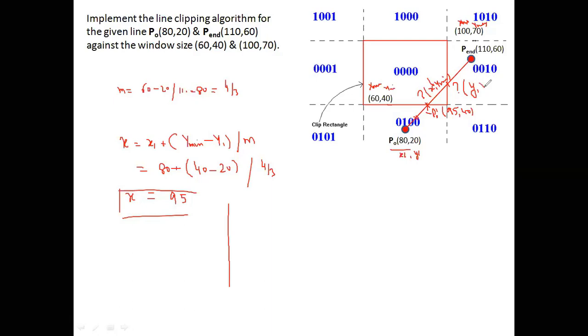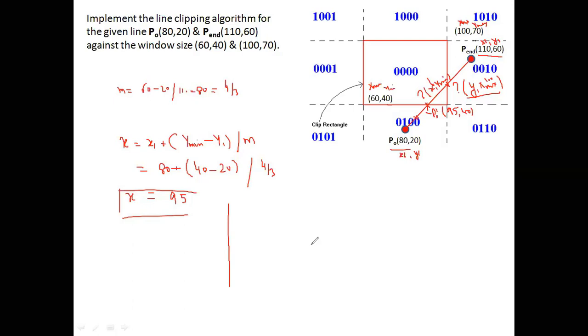That is x max, and x max is 100. So this value you have to calculate over here. And Pn is 110 and 60, so this will be treated as x1 with respect to this edge, and this will be treated as y1.